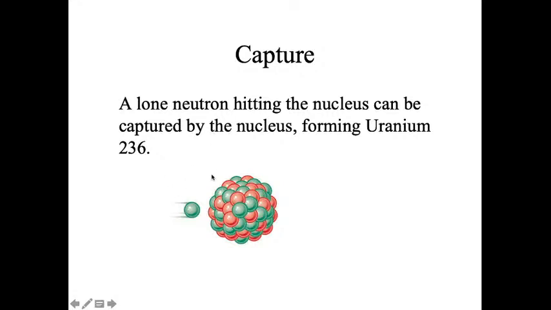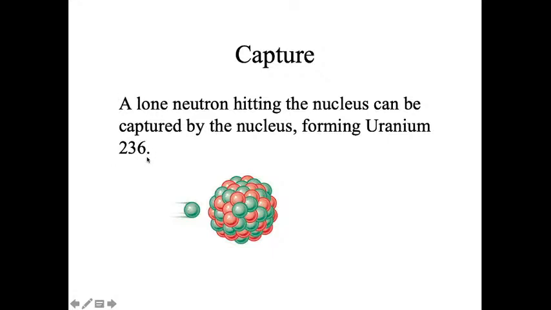So if we shoot one of these neutrons at a nice speed that we'll look at in a second, it will actually be absorbed by this nucleus. And in doing so, it'll change from uranium-235 to 236.